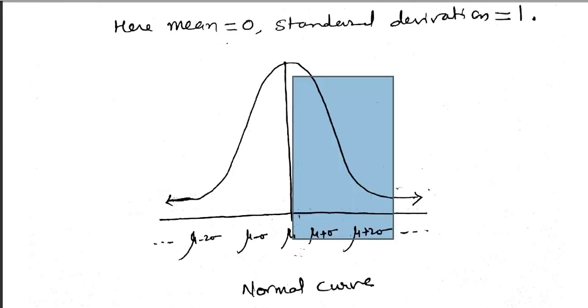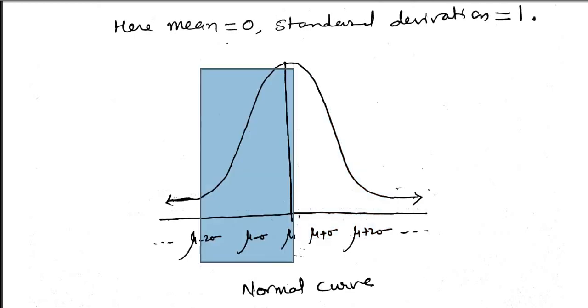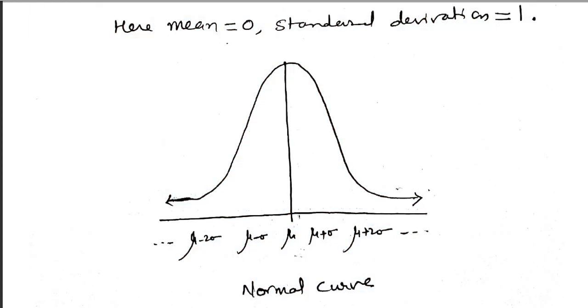This is RHS side and this is LHS side. Here are some properties of the normal curve. Number 1, the curve is symmetrical about the y-axis. This is the x-axis and this axis is known as y.